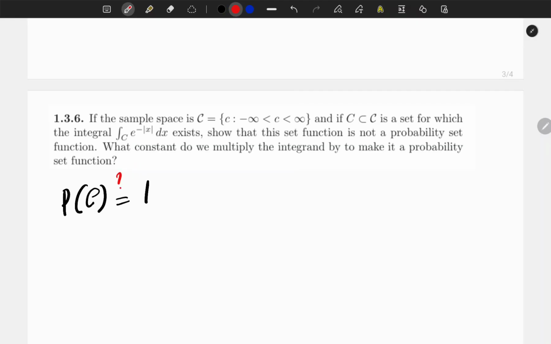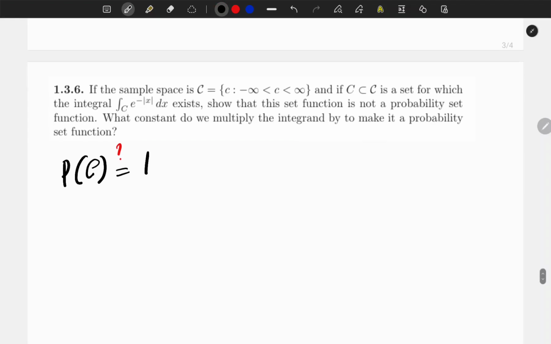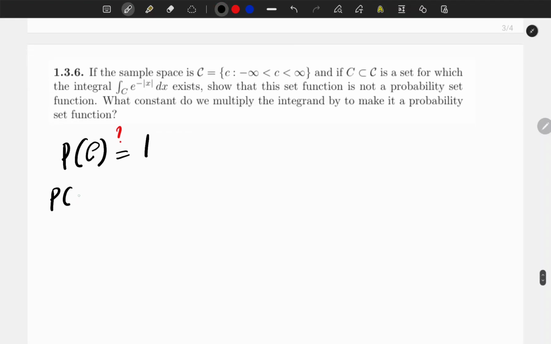If it does not equal 1, that means this set function is not a probability set function. Okay, so let's check. The probability of the entire space C equals the integral from minus infinity to infinity of exponential minus mod x dx. We have to split this because of the mod.